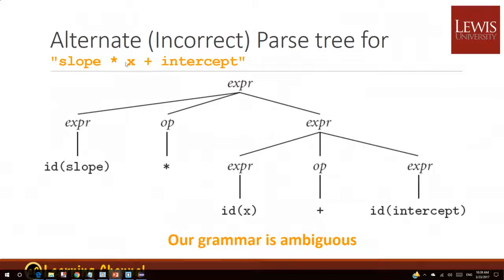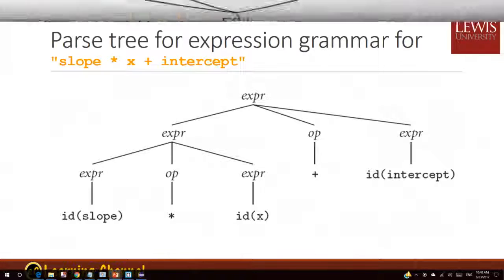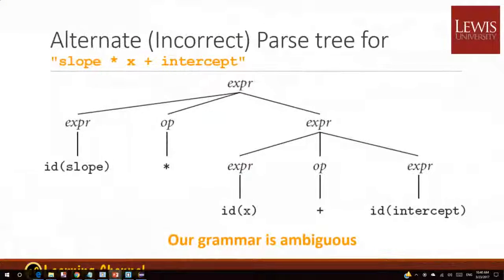And the x plus something is actually one unit on the right. So apparently this tree is different from this tree. So if you parse from the right and parse from the left, you'll get different results. So our grammar is ambiguous.